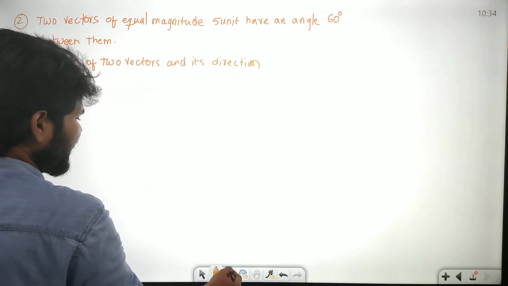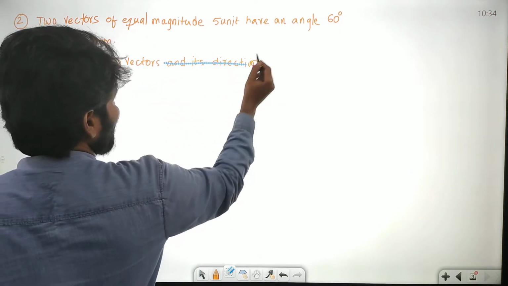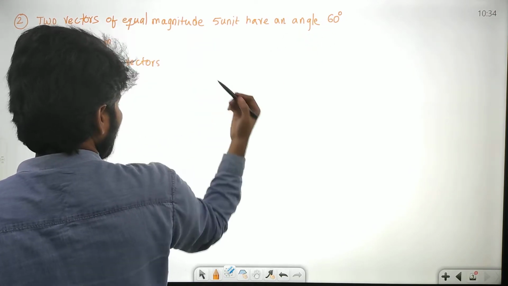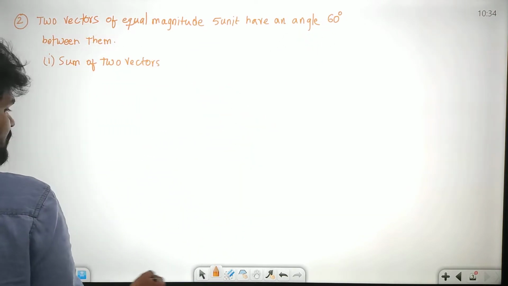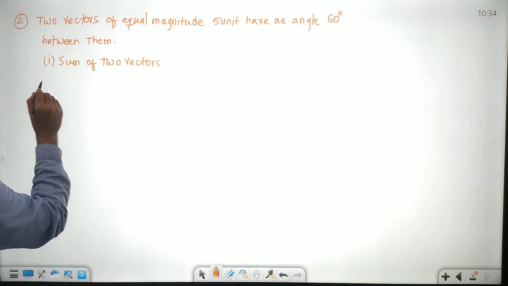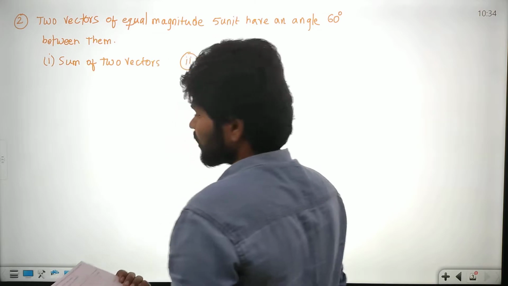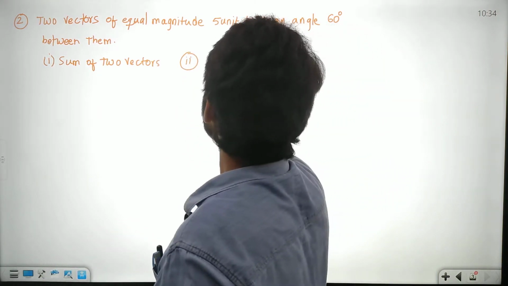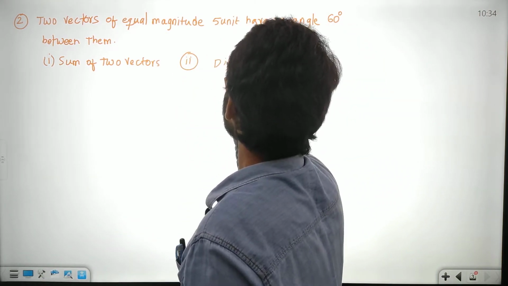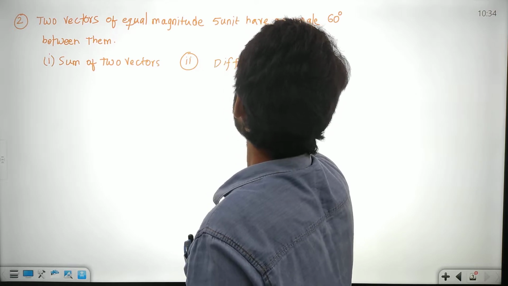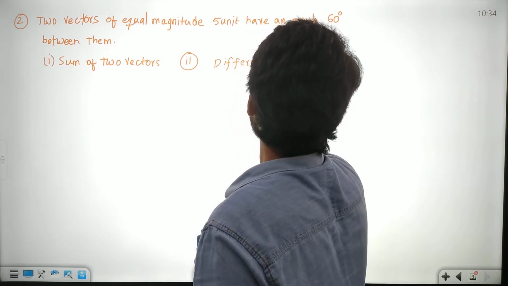But I am not finding the direction because he already gave the direction, right? So I no need to find the direction. The first question is the sum of the two vectors, and question number 2 is the difference of the two vectors.